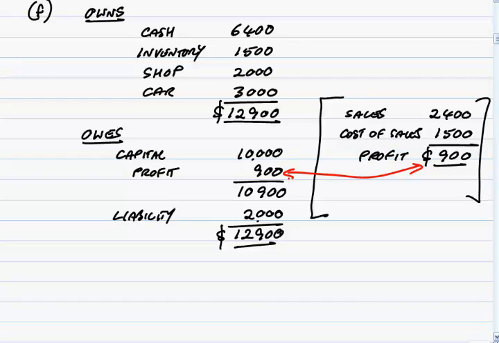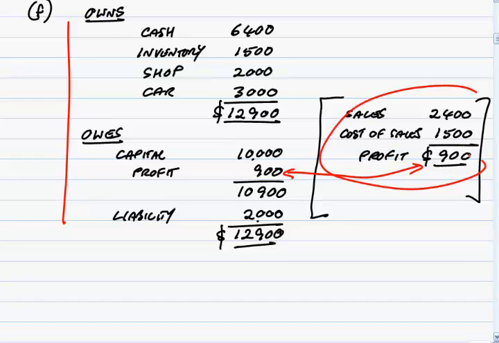And it must do. On the one hand, the extra 900 on this statement must be owed to the owner and must be the profit. At the same time, this little check here clearly must come to the same figure.